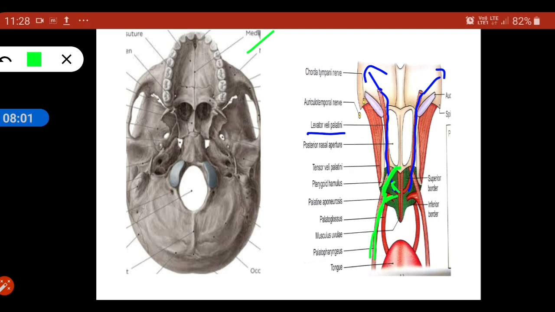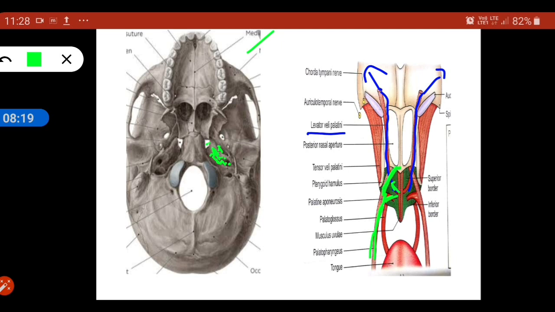As you all can see, this is the carotid canal and this is the foramen lacerum. Now this is the apex of petrous part of the temporal bone, the undersurface of the apex of petrous part of the temporal bone.